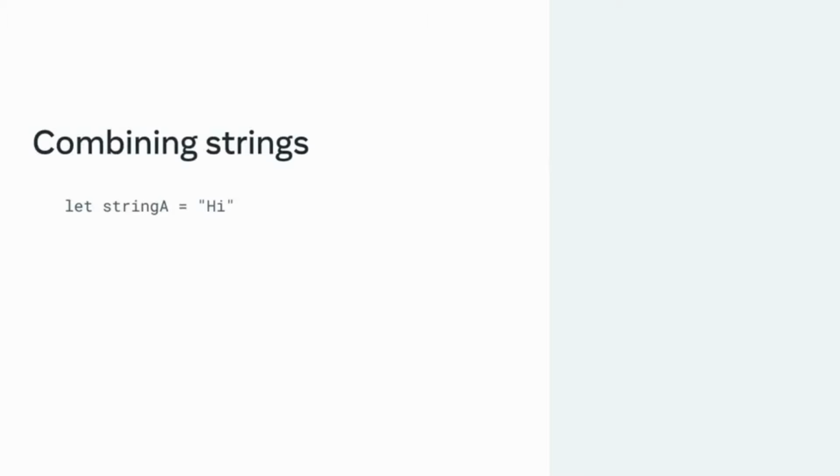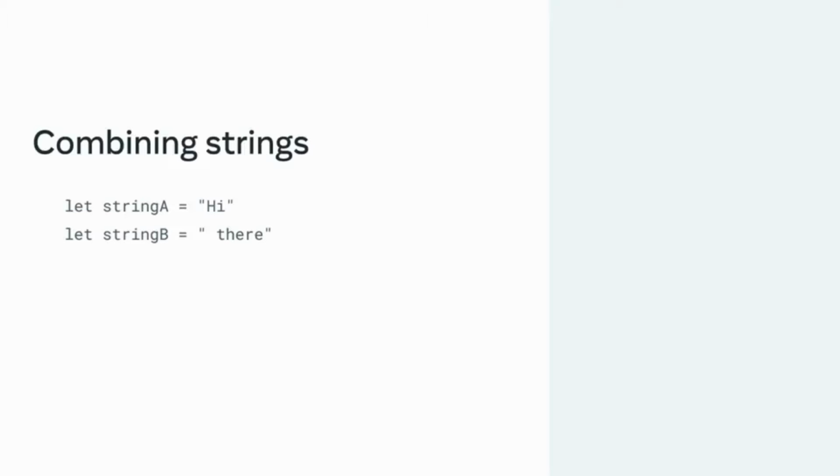Okay, let's move on to combining strings now. This process is also known as concatenation and is performed using the plus operator. You may recall learning about the plus operator earlier and how it can be used to perform calculations with numbers. Well, the plus operator can be used to perform similar actions with strings. It allows you to take two strings and combine them. For example, suppose you create two variables, stringA and stringB, and assign them the string values of hi and there, respectively.